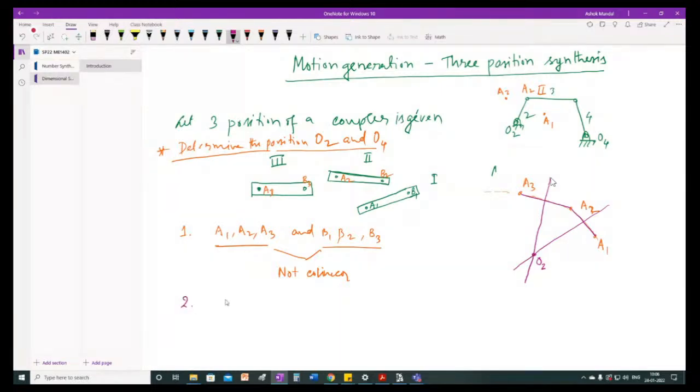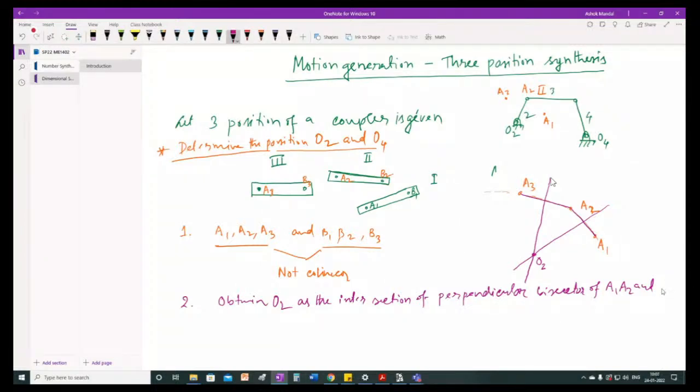So the second step is to obtain O2 as the intersection of the perpendicular bisectors of A1, A2 and A2, A3.